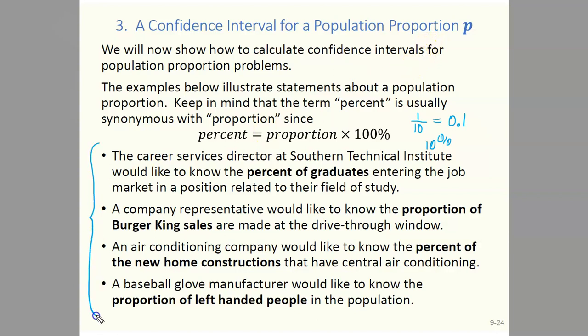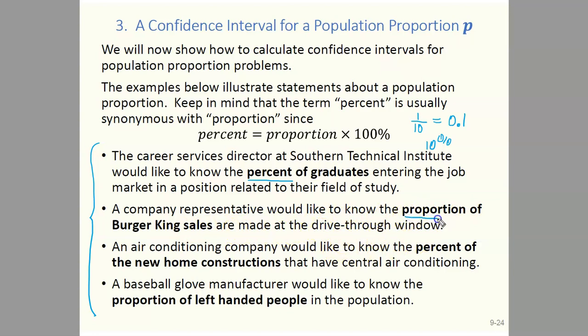Now here are some examples of typical population proportion problems. For example, the Career Services Director at Southern Technical Institute would like to know the percent of graduates entering the job market in a position related to their field. So you see the term percent. A company representative would like to know the proportion of Burger King sales that are made at the drive-through window.